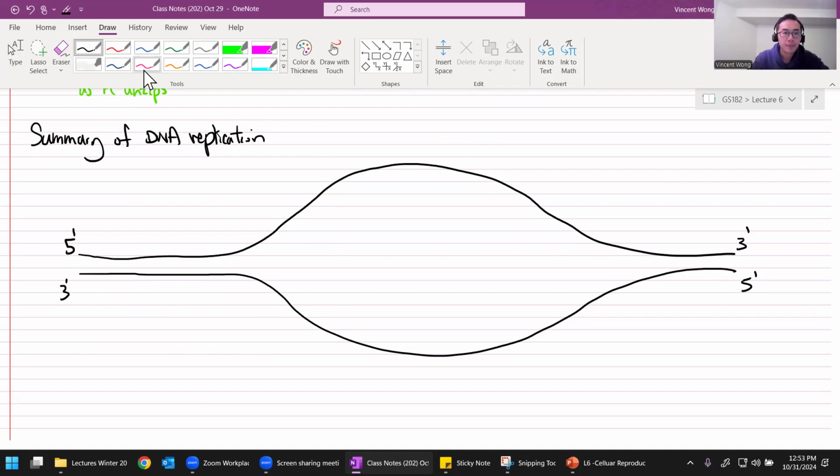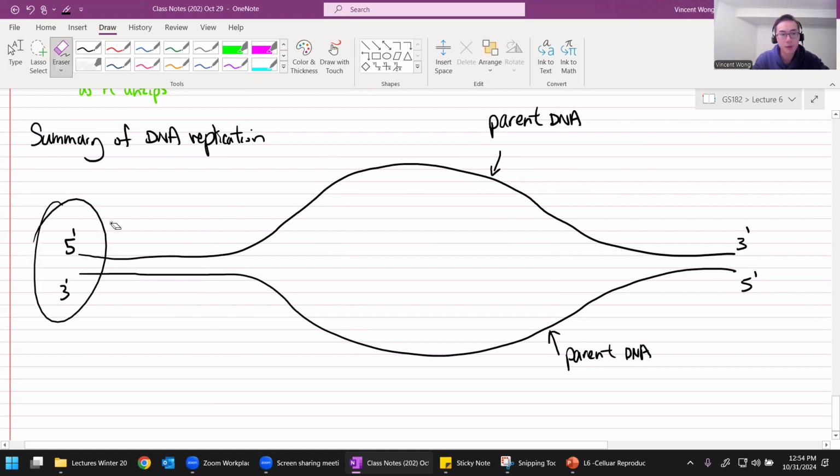And once again, that's the original parent DNA, with the A, C, T, Gs not shown. Of course, the numbers are opposite to each other because of the anti-parallel property of DNA. And you're going to have your hydrogen bonds here and whatnot.